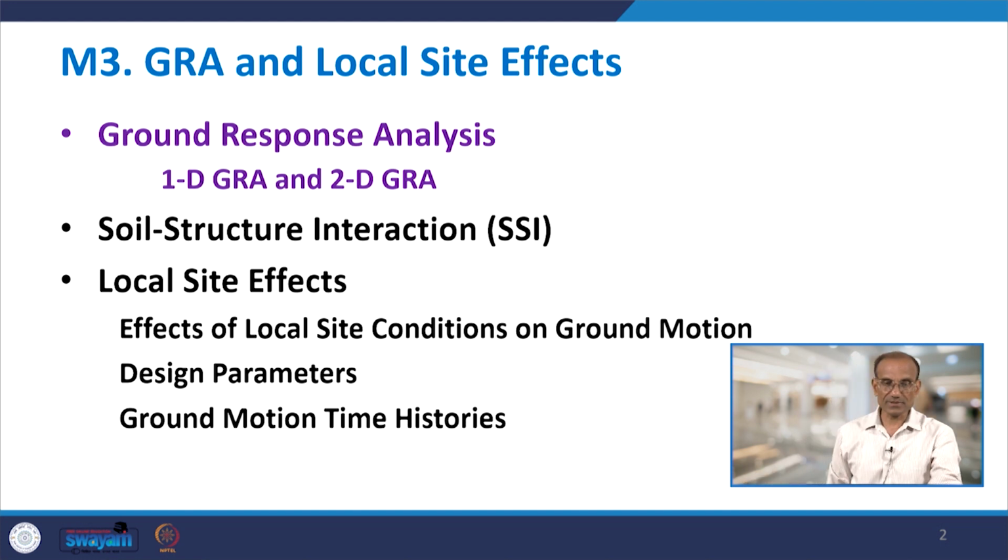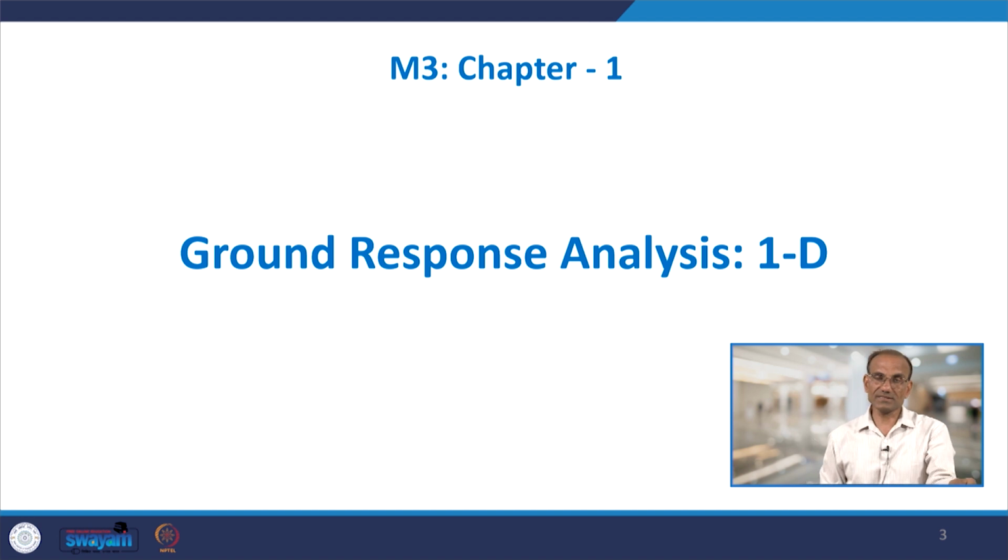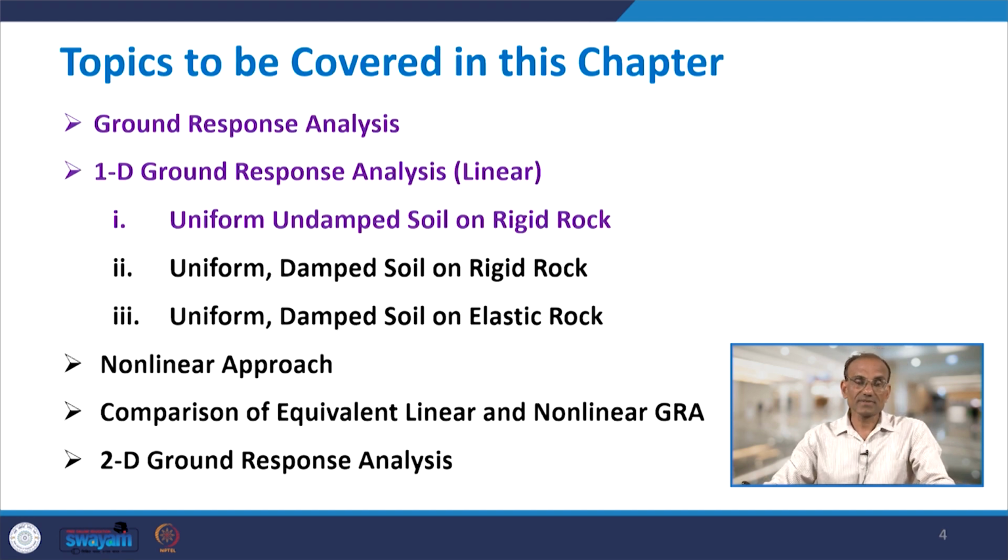Today we are going to talk about the ground response analysis, that is 1D. For 1D ground response analysis, what we are going to talk about in all 4 lectures is listed here. First we will talk about what ground response analysis is, that is the introduction. Then the second is 1D ground response analysis, linear, and it will be in 3 parts. One is uniform undamped soil on rigid rock, second is uniform damped soil on rigid rock, and third is when you consider damping as elastic rock.